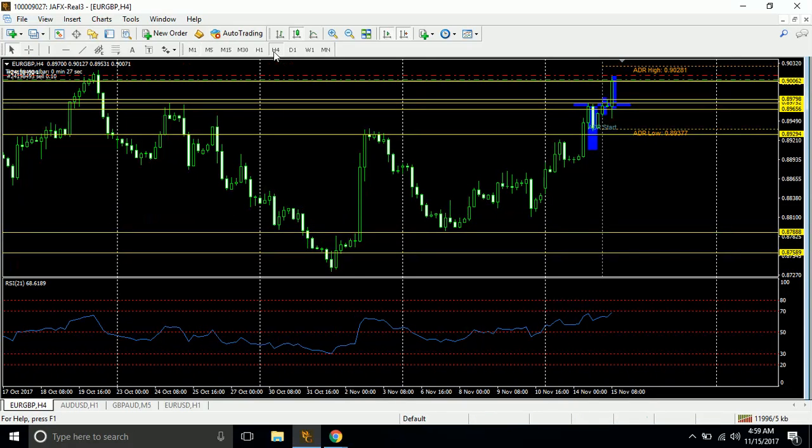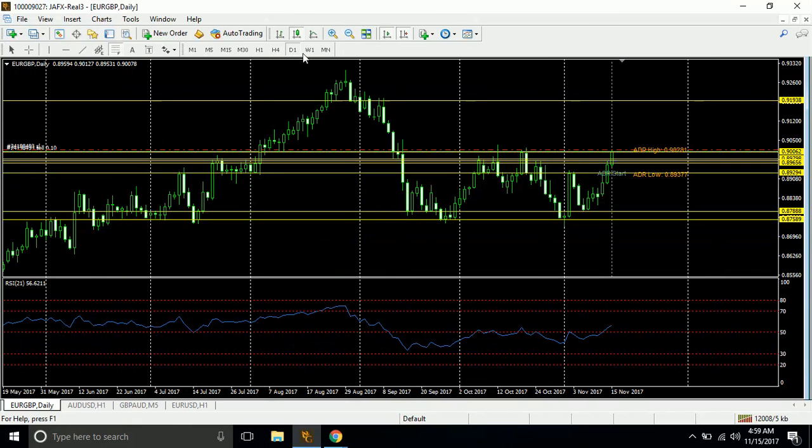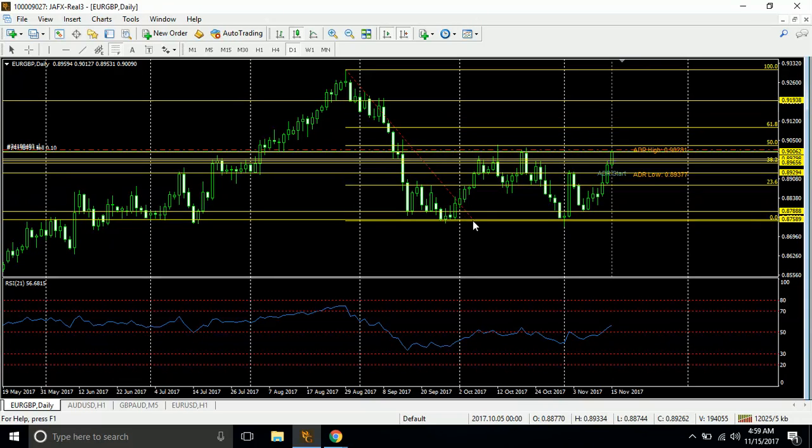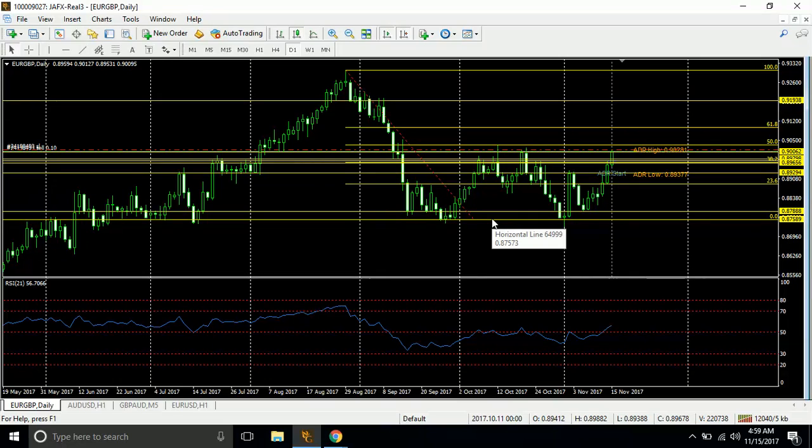Now if I pull out my Fibonacci on here and we just zoom out and go from swing high to swing low, our reversal area is somewhat where we are now.